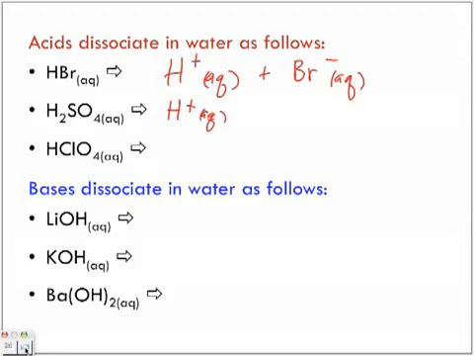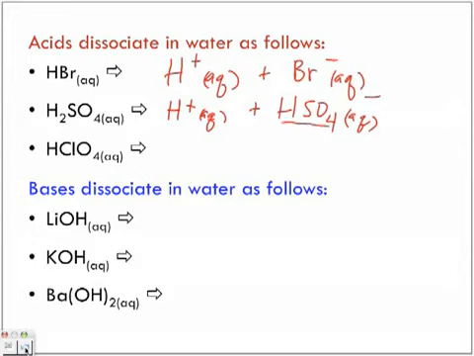If we remove one hydrogen, we're still left with HSO4 aqueous, but because we've removed the hydrogen, it carries a negative charge. In fact, and we're going to see this in the next chapter, this can actually further dissociate.